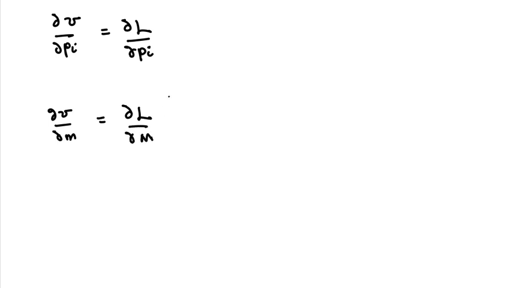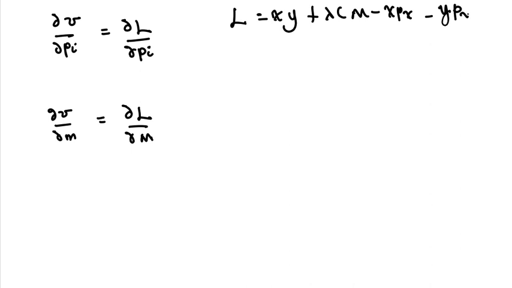And if you can't remember what the Lagrangian function is, for this example it is xy plus lambda times (m minus x px minus y py). Let me fix it here. So py.